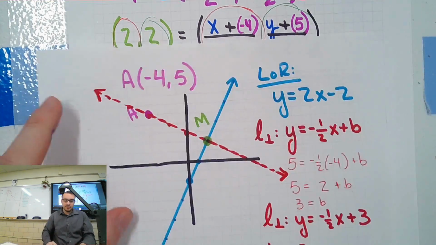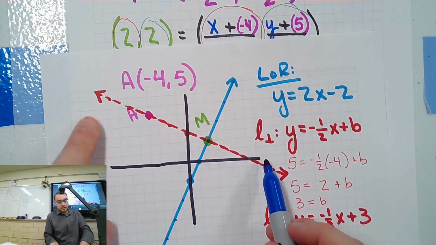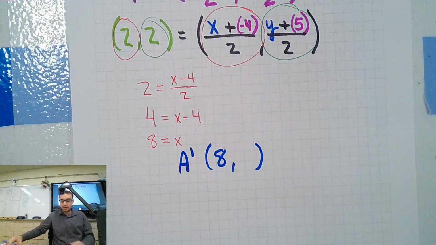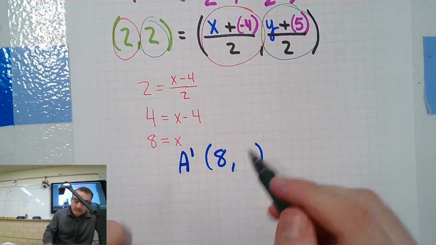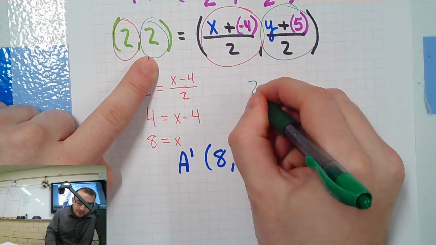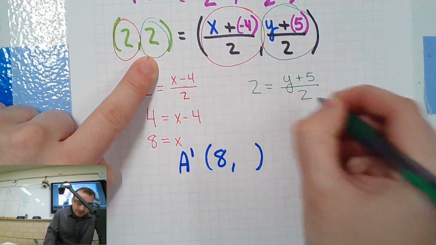And that makes sense. If you look back at our graph, 8 to the right, yeah, that looks like it should be 8 to the right, right? Somewhere over here. The question is how far down now. So now we're going to find the y. These two parts equal each other. So I'm going to write that. 2 equals y plus 5 over 2.